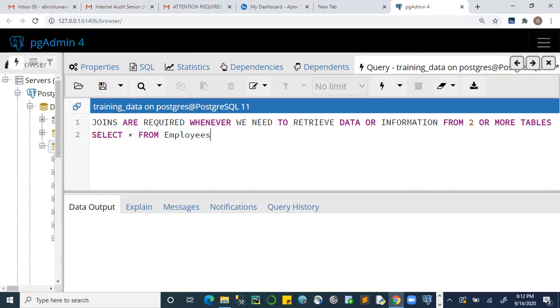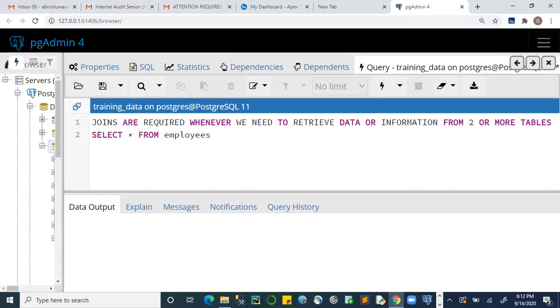This is all we've been doing. We've been selecting from the employees table. But what if we need to select some data from the employees table and we also need to select data from another table at the same time in one query? How do we handle that?